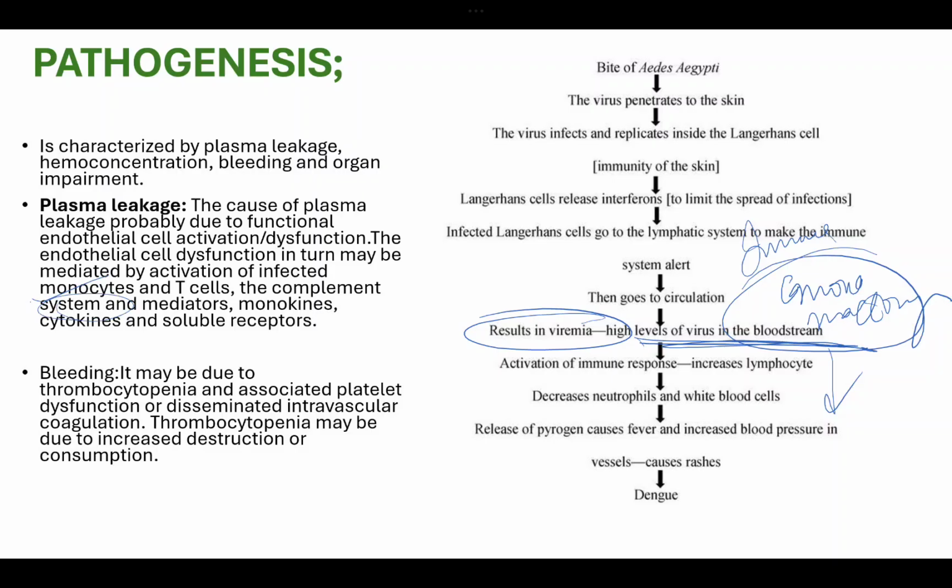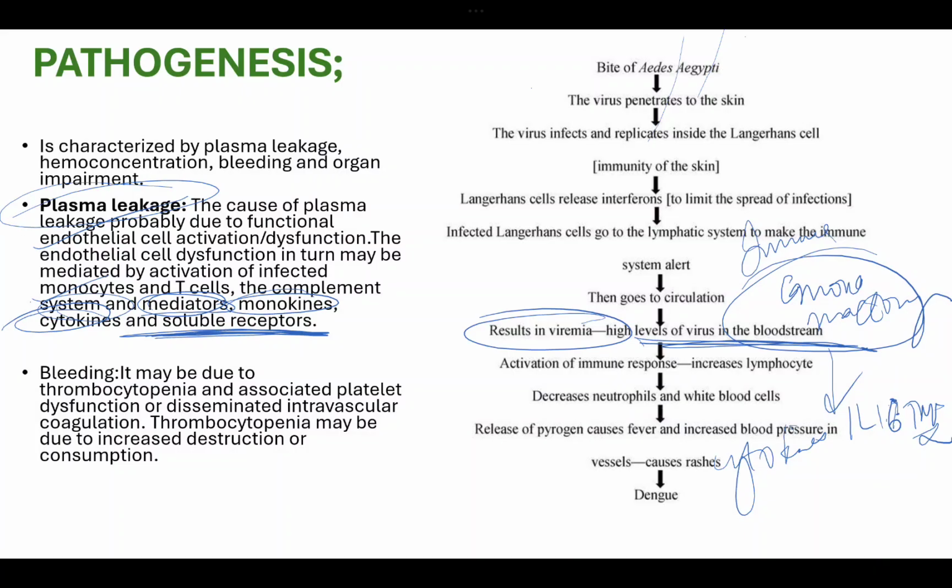The cytokines will include interleukin 1, interleukin 6, and tumor necrosis factor alpha. So all of these mediators, the monokines, cytokines, soluble receptors are activated, and all of this is causing the damage of endothelial cells and leading to the plasma leakage.